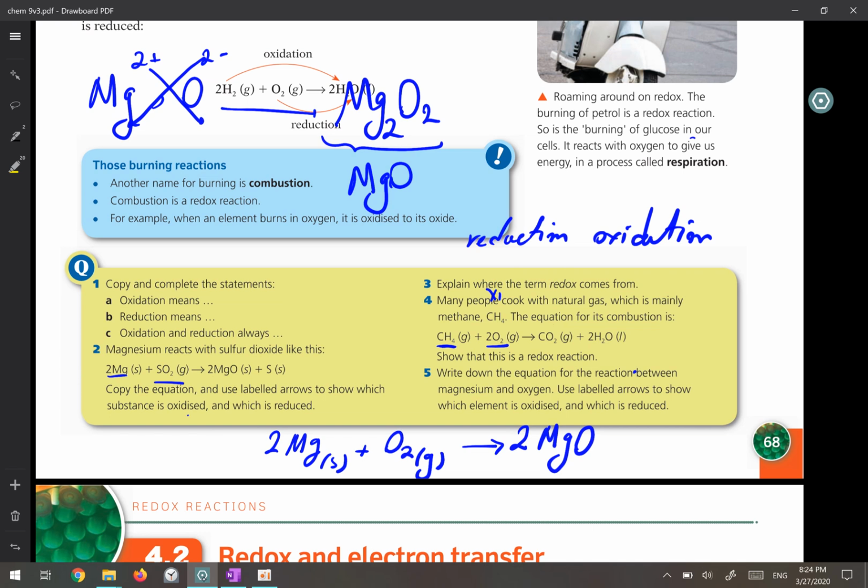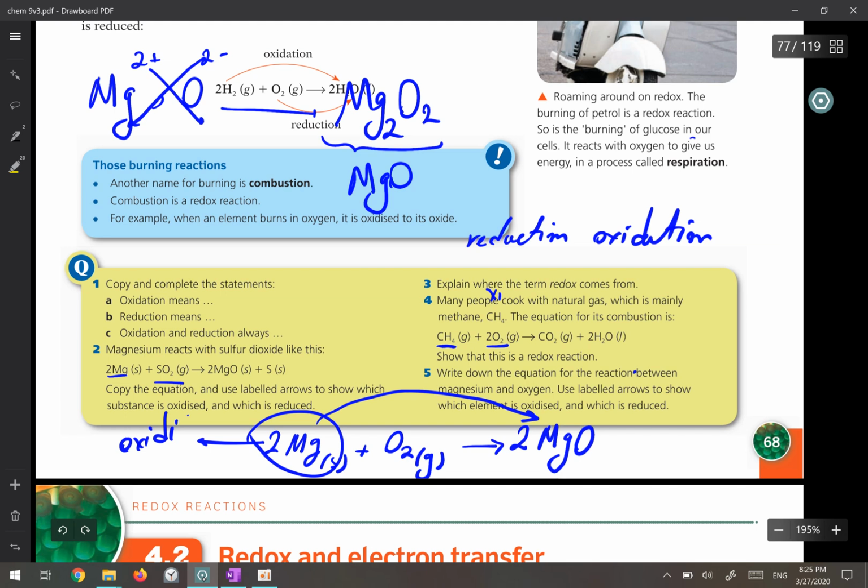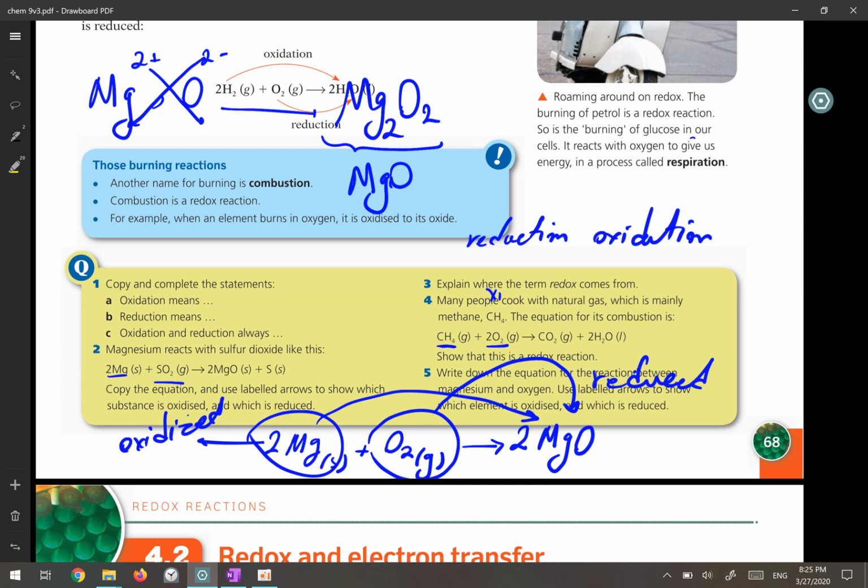So look at the magnesium. What happens to the magnesium? It has gained the oxygen. So obviously the magnesium is oxidized. So when one reactant is oxidized 100%, the other reactant is reduced. So we determine which one is oxidized, which one is reduced.